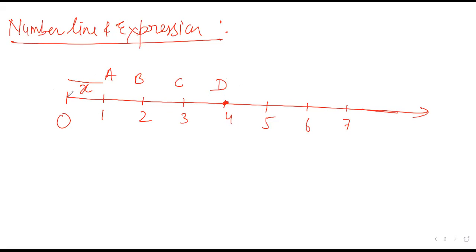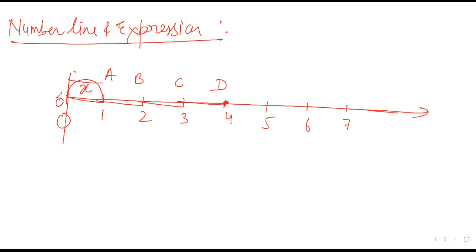So this measurement I have taken as x, and all the distances between the points are equal. Then what is the distance of the point D from the point O?